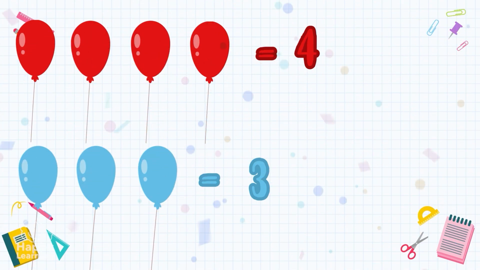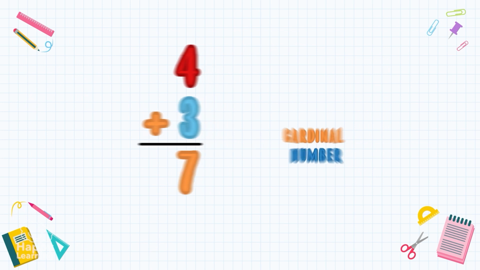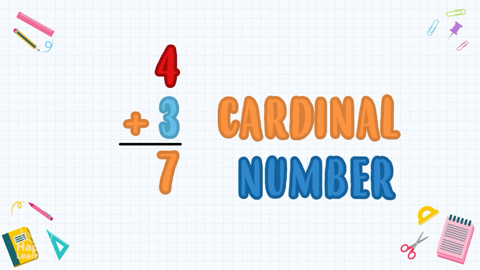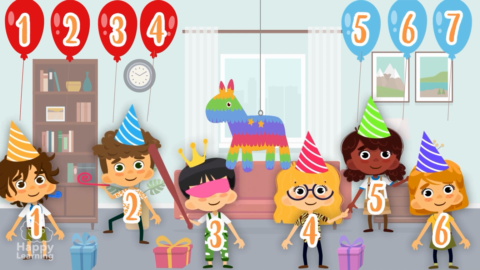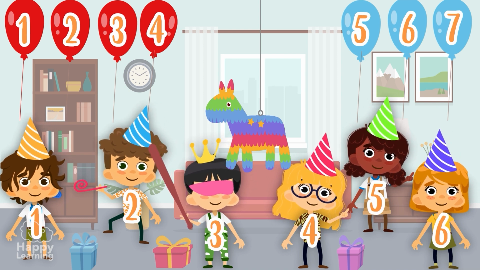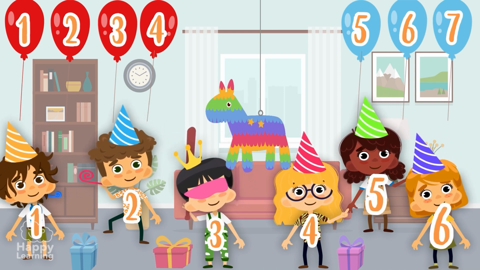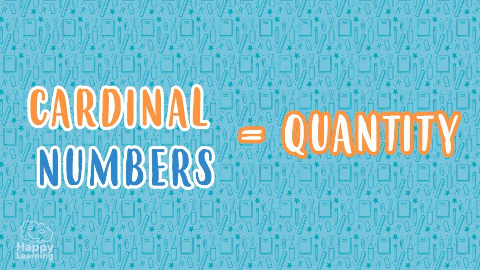If we add 4 plus 3, the total amount is 7. 7 balloons in total. The result of this sum is 7. That 7 is a cardinal number. What luck! Each child will get a balloon and there will be 1 left over. The cardinal numbers have allowed us to know how many children there are at this party and also to add up the balloons. In other words, the cardinal numbers indicate quantity.